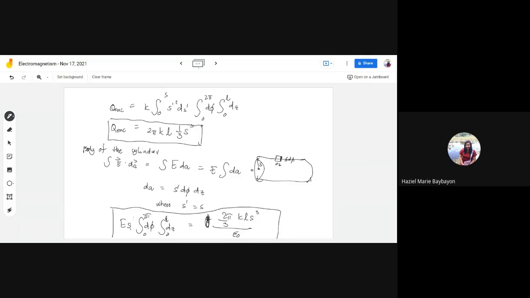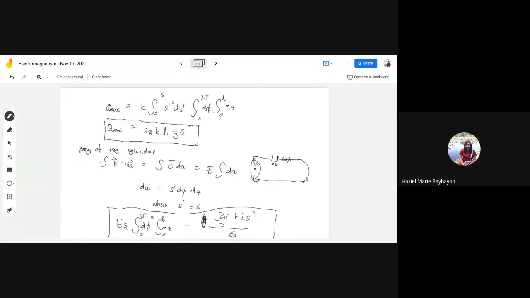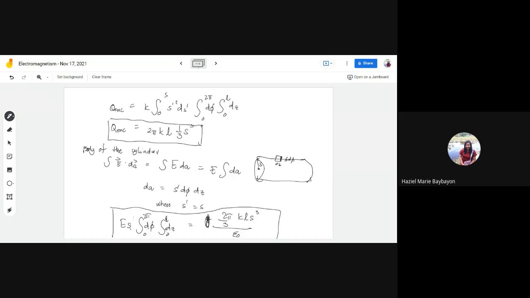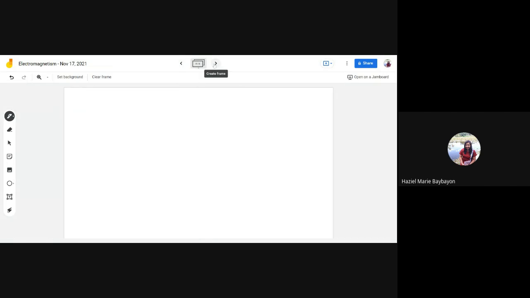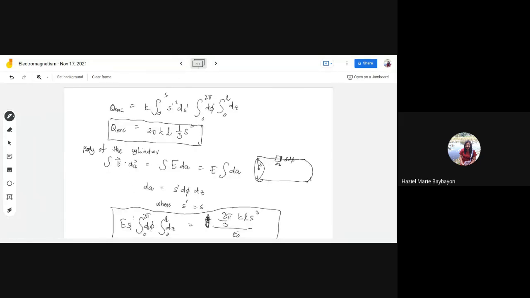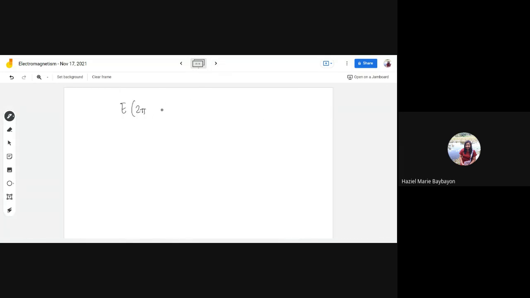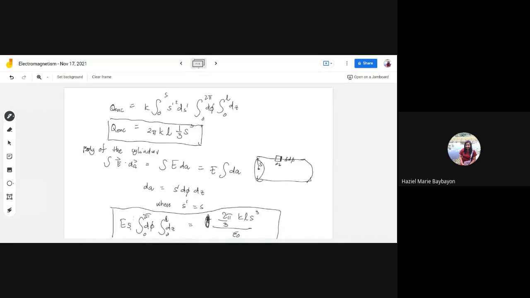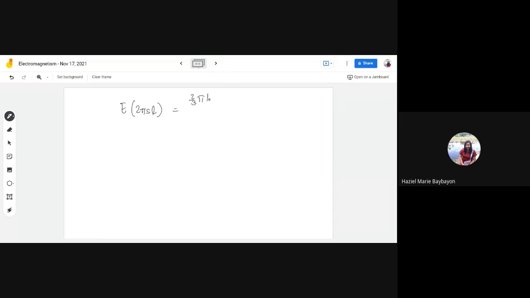Okay, and then we can further simplify this. On the left-hand side of your equation, you have E times 2 pi SL, which is equal to your Q enclosed, 2/3 pi KLS cube, divided by epsilon naught.